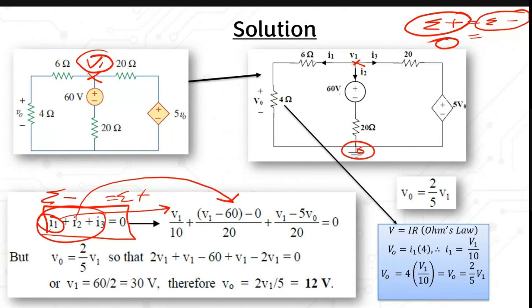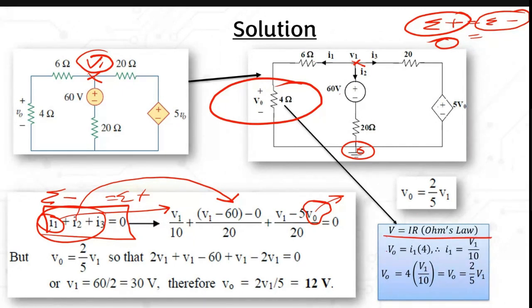You cannot solve for V1 yet because you have V naught in this equation. So you need to find the constraint equation for this V naught. You can see that V naught is here. You know that V equals IR, following Ohm's law.